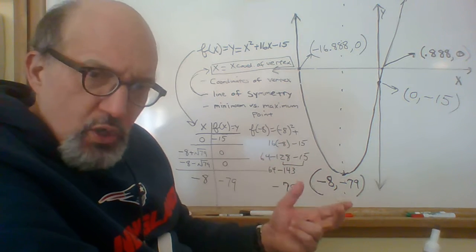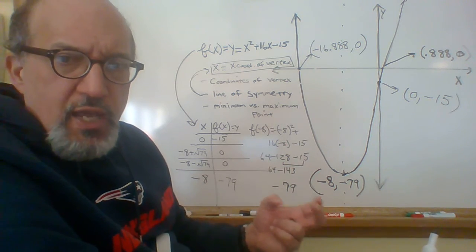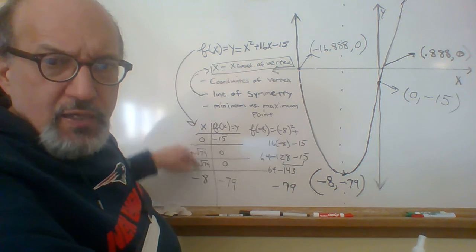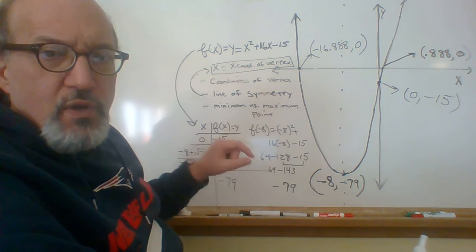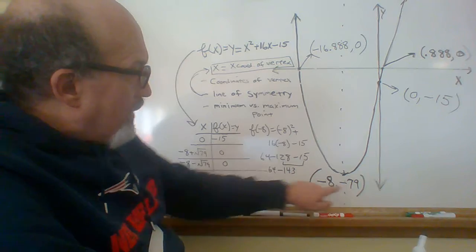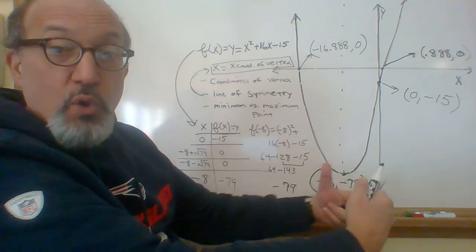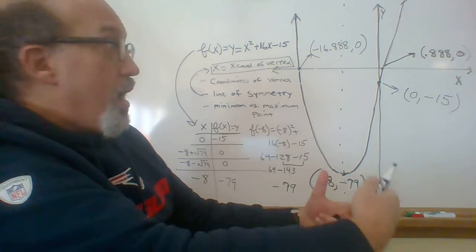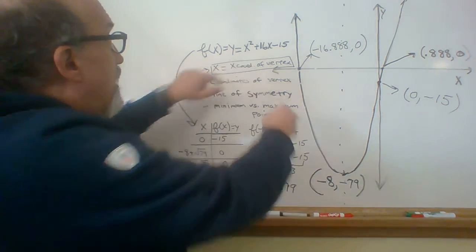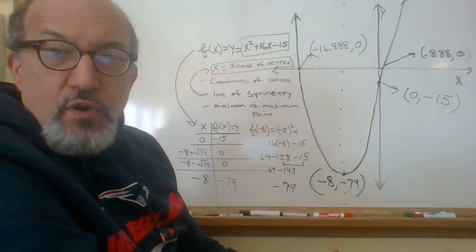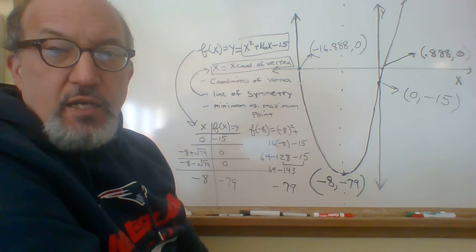And make sure you understand what that means. We could stay here until the end of time putting in values of x. We will never get a number for y lower than negative 79. That's the lowest point or the minimum point of the graph. Now, how would we know algebraically? How could we look at this and know that it would never be less than negative 79?